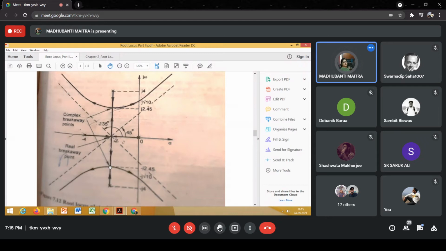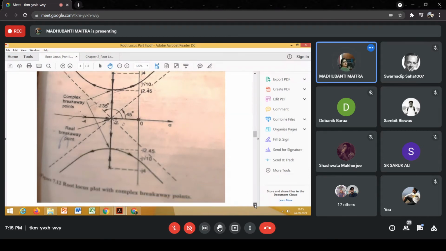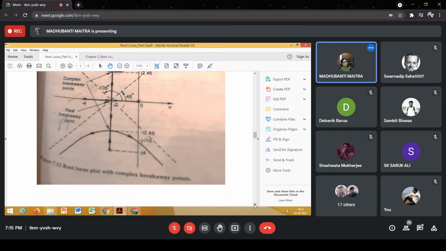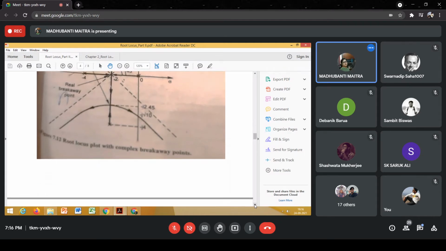After meeting, if we increase the value of gain k beyond the value of k at this point, then again these two root branches will break away from each other. One will move towards infinity along this straight line asymptote, as you can see, and the last root branch will tend towards infinity as k tends to infinity along this straight line asymptote, right? So apply all the rules that you have learned and sketch the root locus for this particular system.